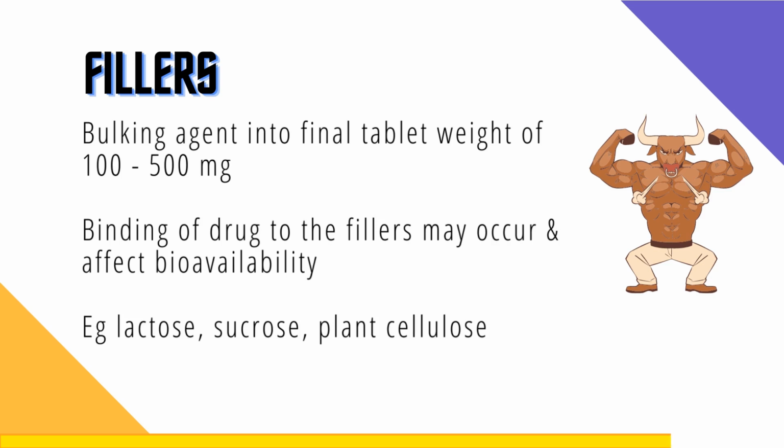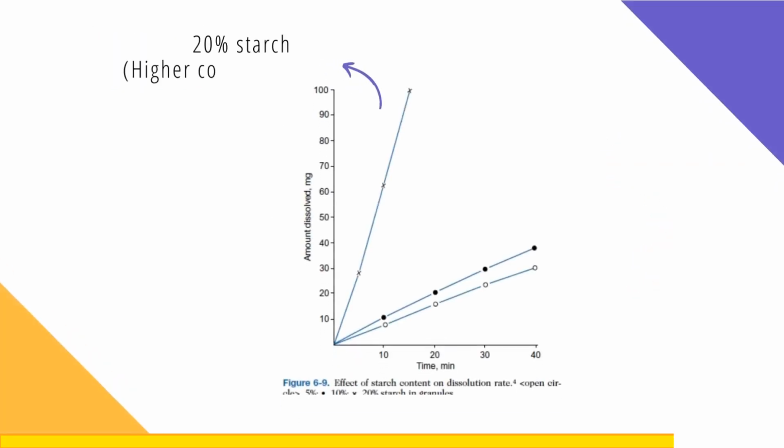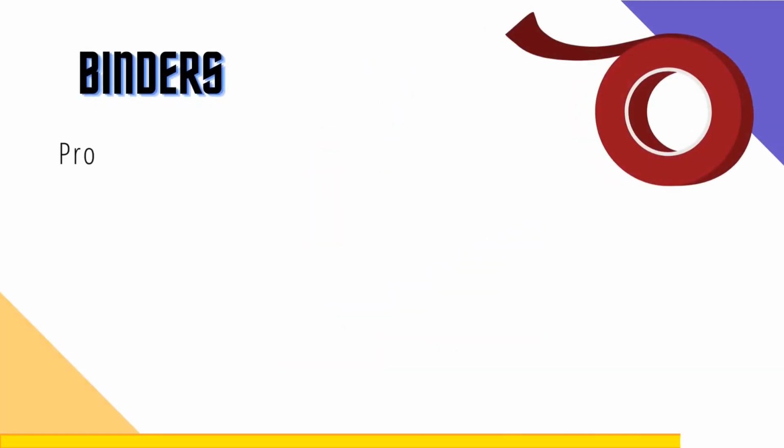The binding of the drug to the fillers may occur as well, which can affect the bioavailability. When you look at the graph on the right hand side, the different percentage of starch could increase the amount dissolved as well. The examples of fillers include lactose, sucrose, and also plant cellulose.